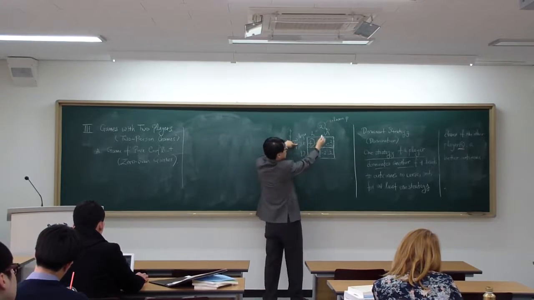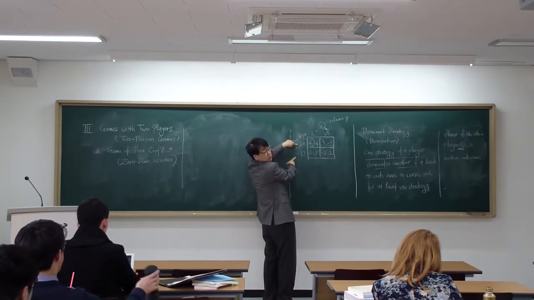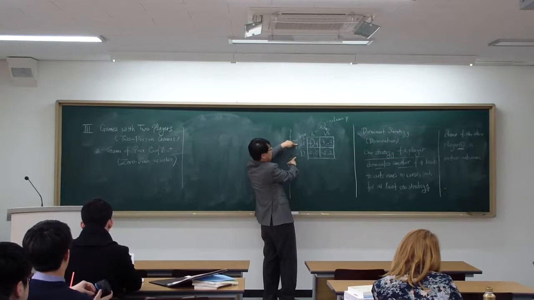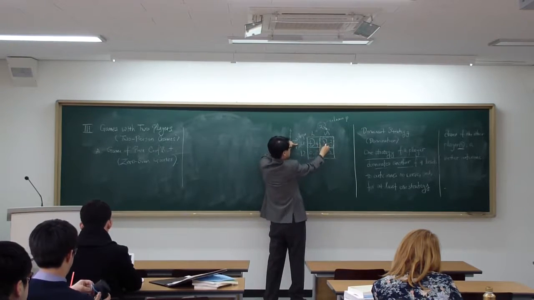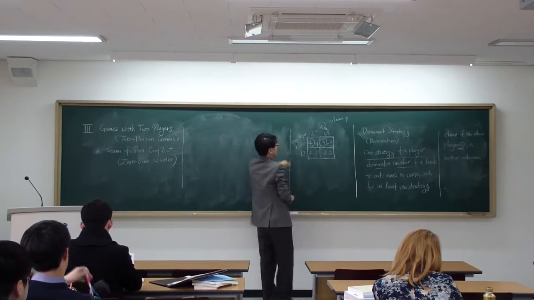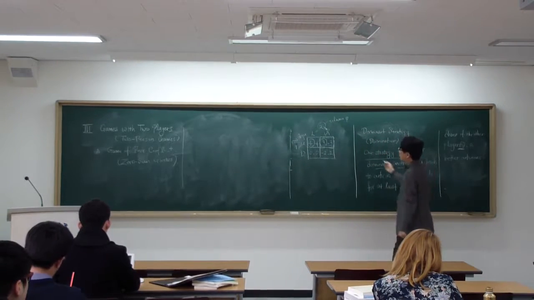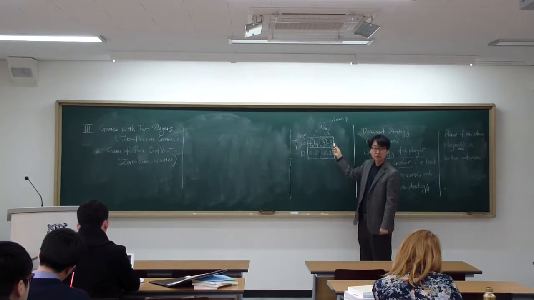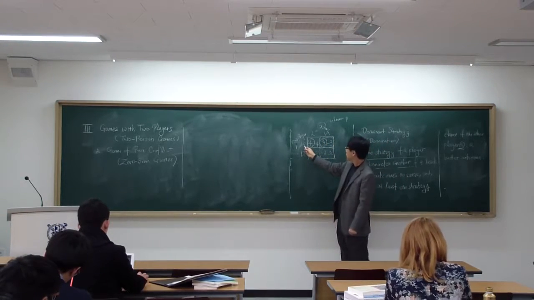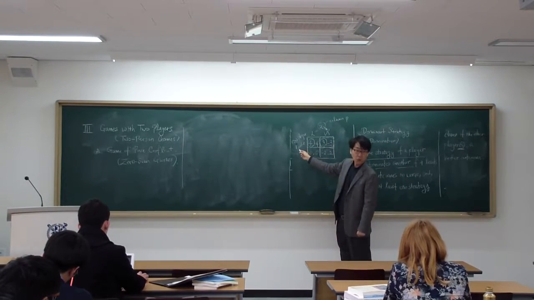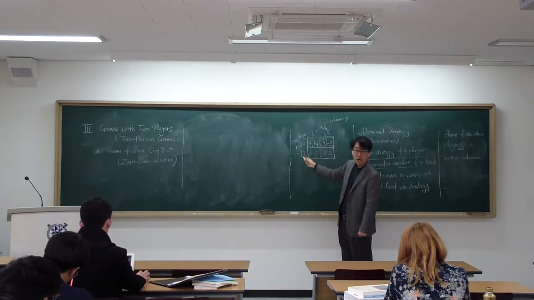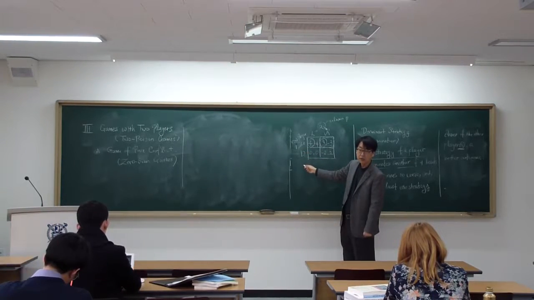If the opponent chooses right, which one is the better strategy for me? Up again, because 3 is better than -2. So no matter what your opponent chooses, the up strategy is always better than the down strategy.